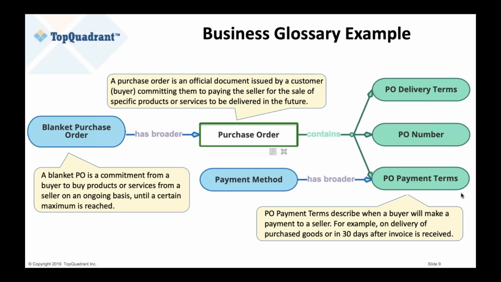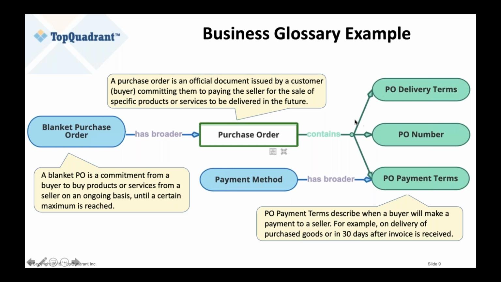So blanket purchase order is a kind of purchase order, so there's a broad and narrow relationship between those terms. You could also say that a payment method maybe is narrower than the payment terms, because payment terms include a method of payment as well.